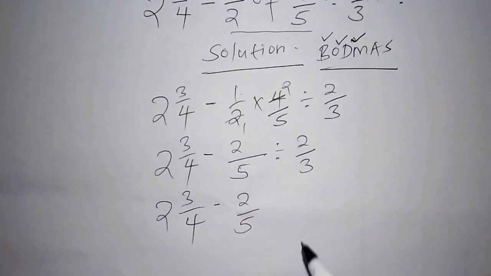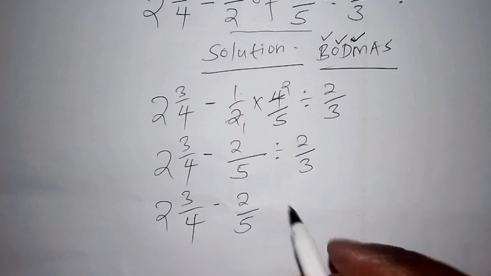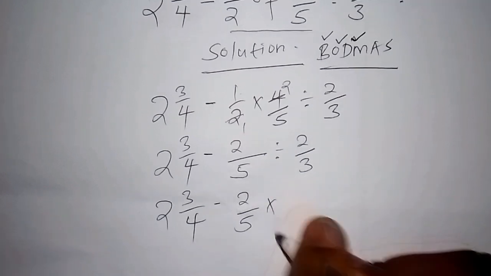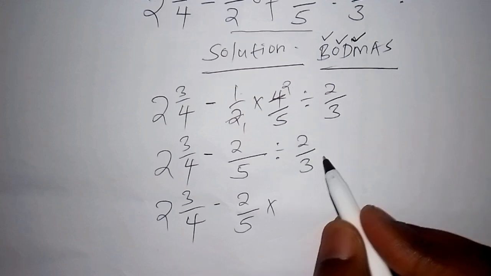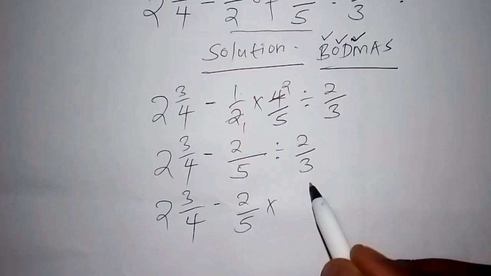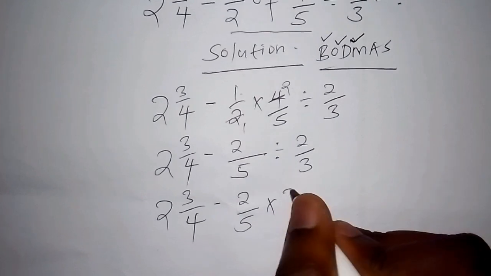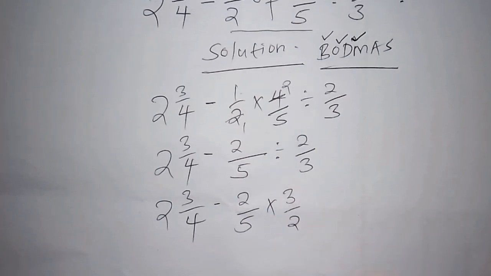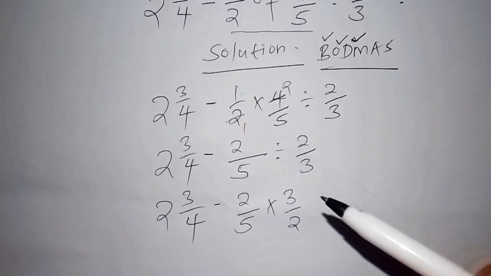Instead of writing divide by, we are going to write multiplication. Once we write the multiplication sign, this 2 over 3 will change, meaning that we shall find the reciprocal of 2 over 3, and the reciprocal of 2 over 3 is 3 over 2. So always find the reciprocal when you're working out a division sign.